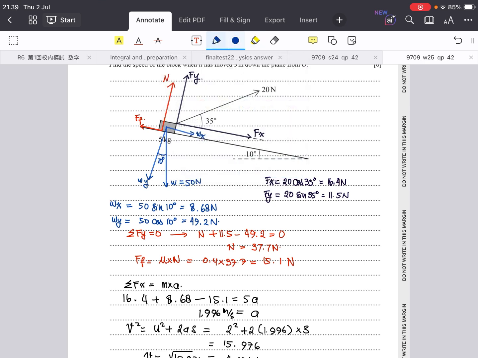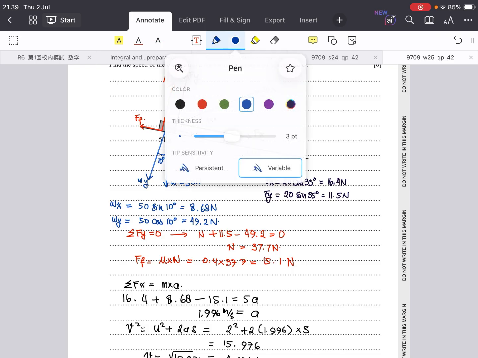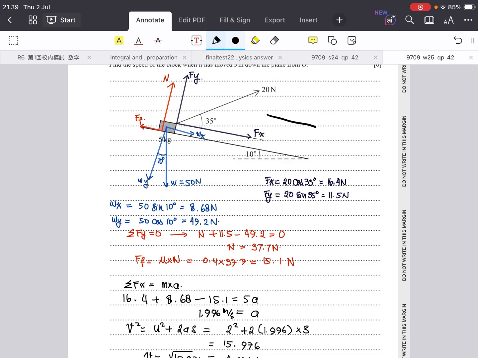In this case, we are going to use this direction down the plane as the positive direction because the block is moving down the plane. So using this agreement, the equation using Newton's second law becomes 16.4, which is Fx, the component of F in the x direction.